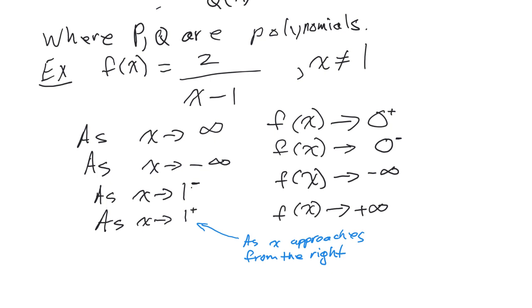Basically, we're saying that our x value, our original function, changes in some way. Now, this part here is saying x approaches from the left. That's what it means. Okay, there's not much else to say there.